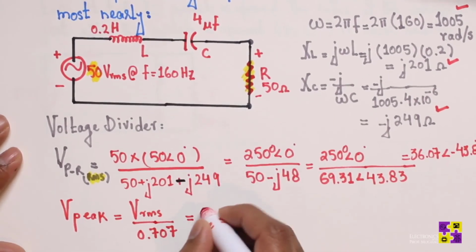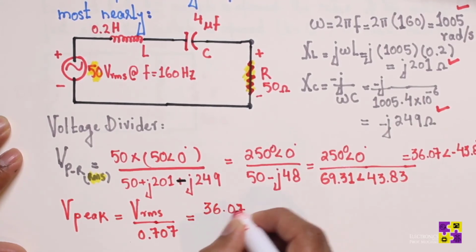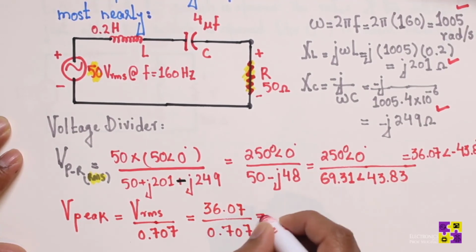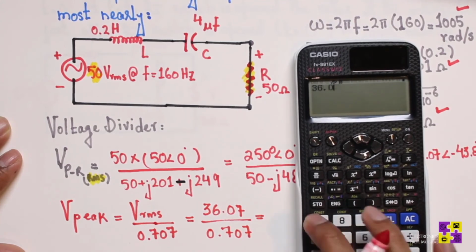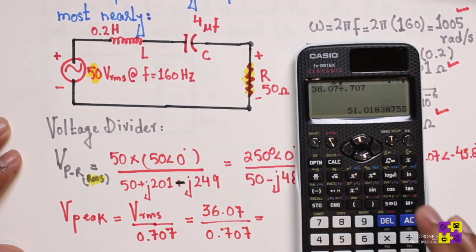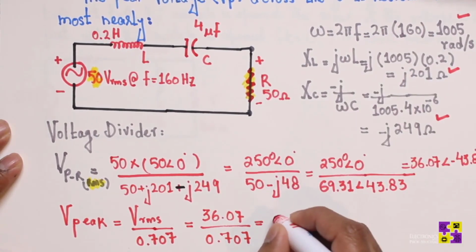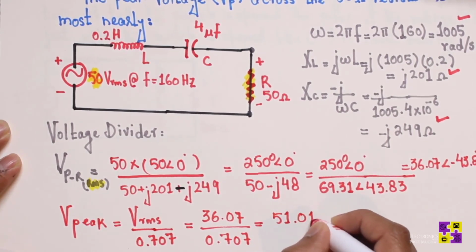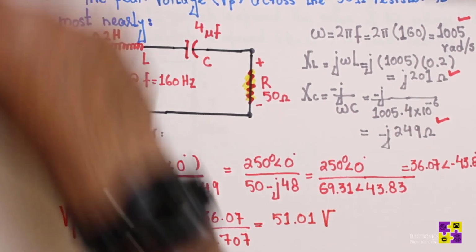I'll take 36.07 divided by 0.707, let's do the math here. What do we get? 51.01. So the peak voltage is 51.01 volts, and that is your answer.